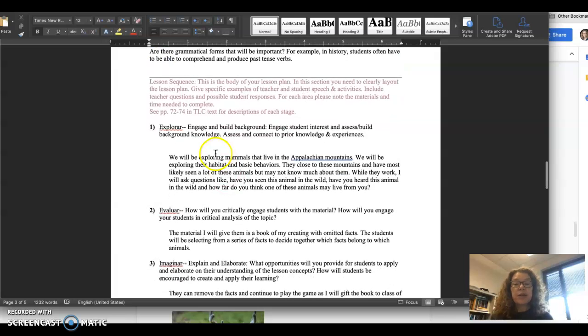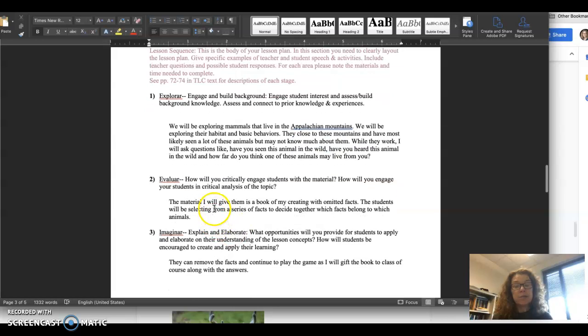So once you get down to your lesson plan itself, you have some ideas, and I understand you've created this book. I'm still not quite following if they're going to be assigned an animal. Are you going to give them different resources to do a little research on their animal?